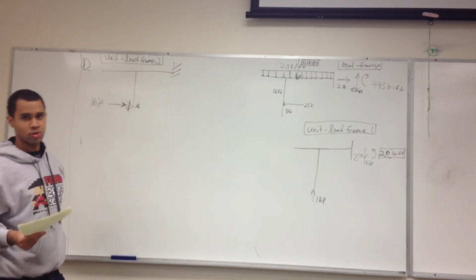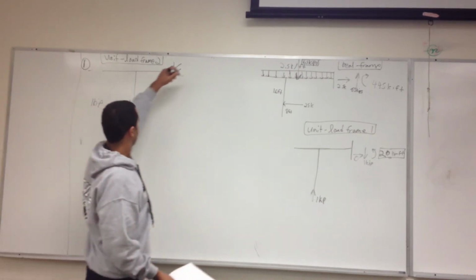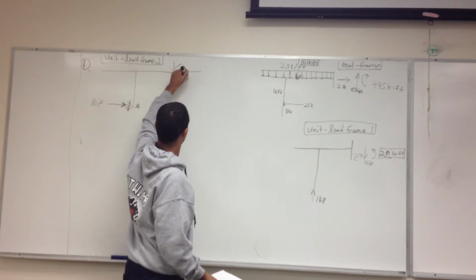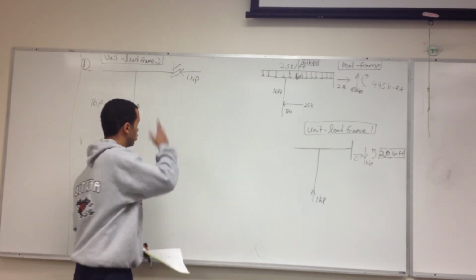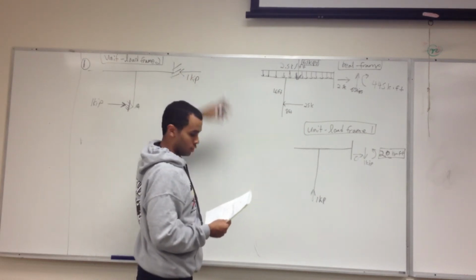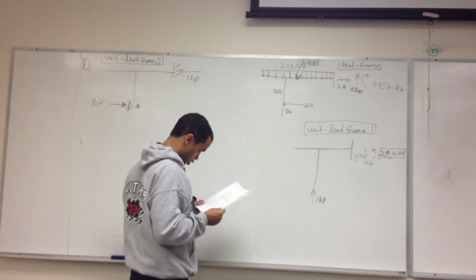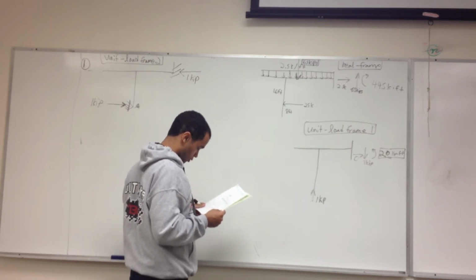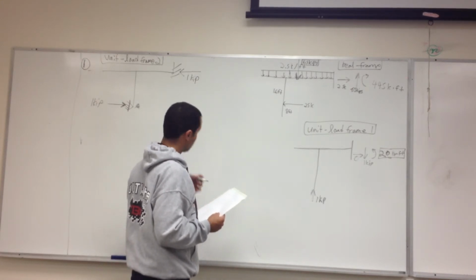At the fixed support, we're going to have a negative 1 kip load. We have no vertical, so the vertical is 0. And we won't write that down. And we have a moment of negative 24 kips.